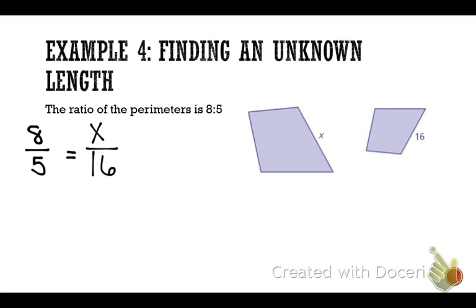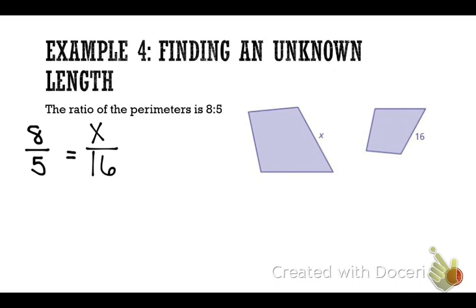And what we've done here is we've now created a proportion. Remember, proportions must be comparing corresponding side lengths on both sides of the proportion, meaning the same side on each figure. And now I can use one of my strategies for solving a proportion, cross products or equivalent ratios to solve.